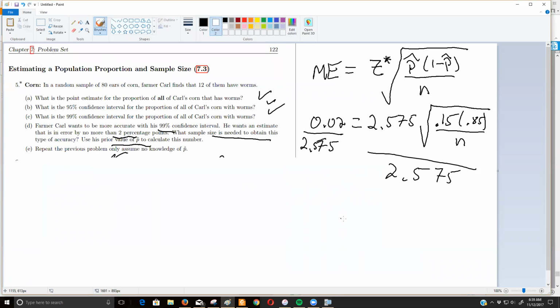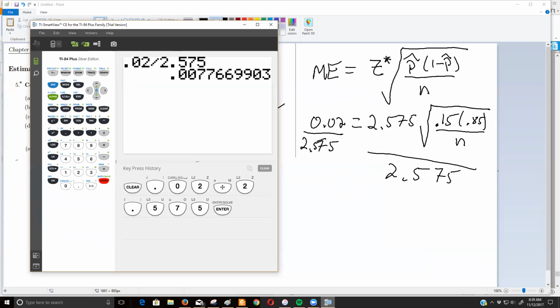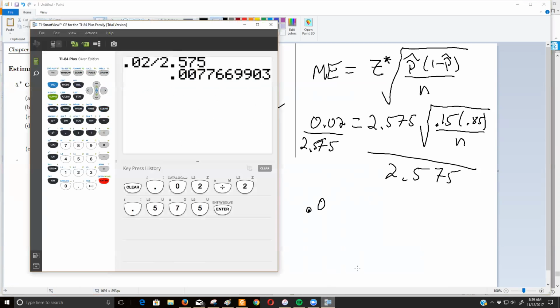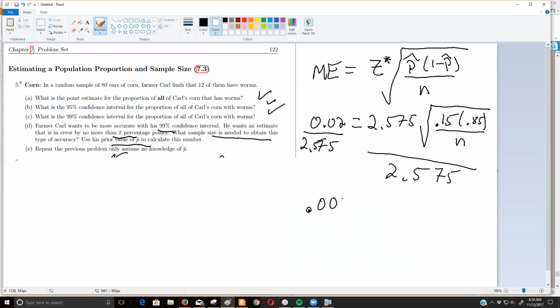I am going to write it down a little bit here. So when I did that, what did I get? I got 0.00777, and I'm not going to actually use that rounded value, I'm going to let the calculator carry it. The other thing I want to do is multiply 0.15 times 0.85.